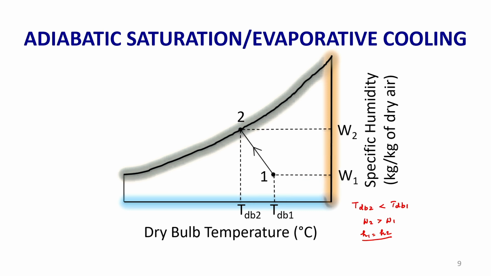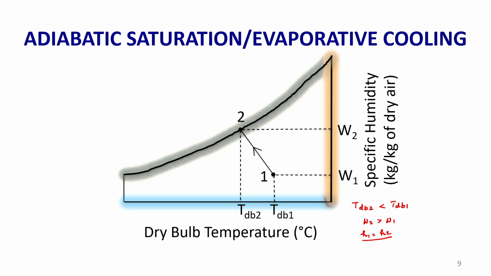If you see the difference between evaporative cooling and chemical dehumidification, in evaporative cooling, the specific humidity of the conditioned air is more, that is W2 is greater than W1. In chemical dehumidification, since it is removal of moisture, W2 is less than W1.